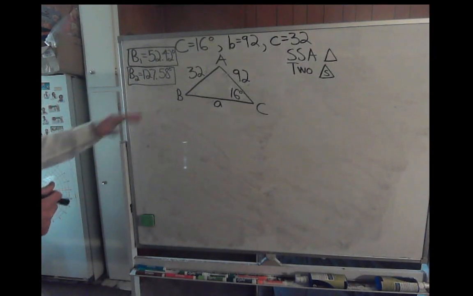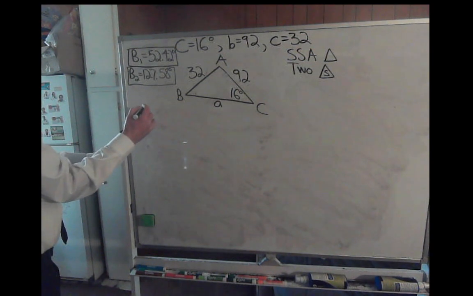So let's go based on the first triangle with angle B sub 1. So let's find angle A sub 1.